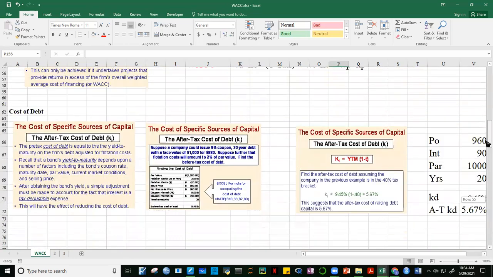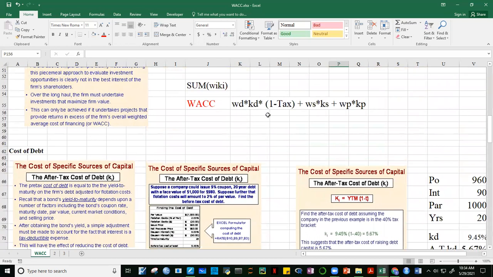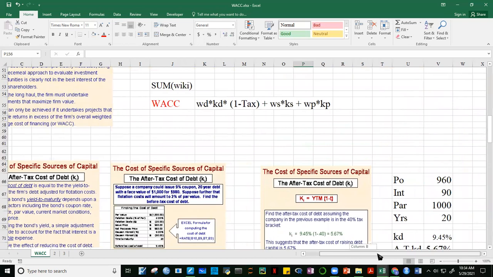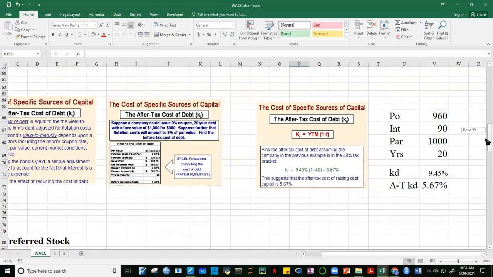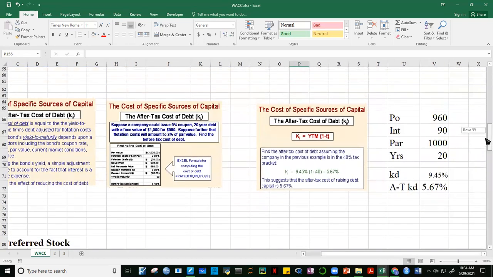So it calls for individually computing for the cost of each, cost of debt, cost of stock, and cost ng preferred stock. Kasi kung alam natin, guys, yung capital structure, madali na ma-compute yung weight ng debt, weight ng stock, at saka weight ng preferred stock.